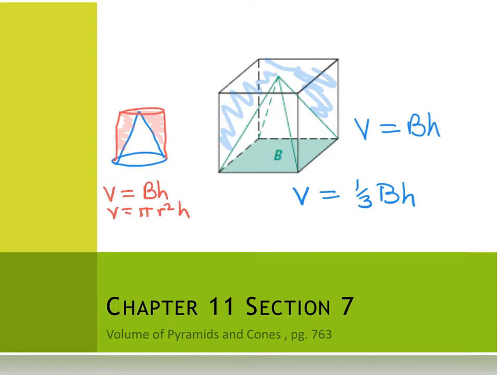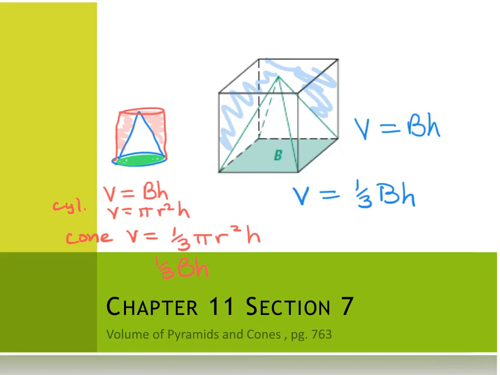And this was for the cylinder. And now for the cone, we're going to take that same formula, but multiply it by 1/3. 1/3 pi r squared h, or 1/3 area of the base times the height. And again, this is like a prism, but instead our base is a circle.